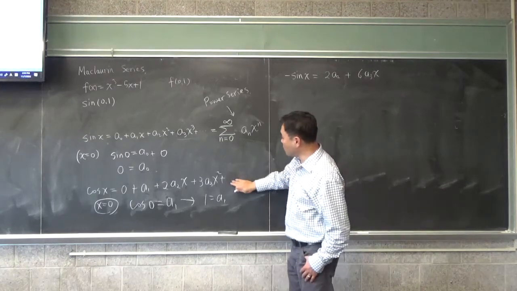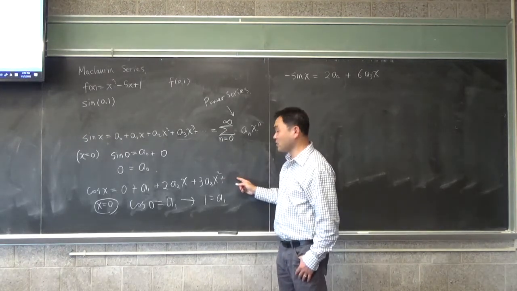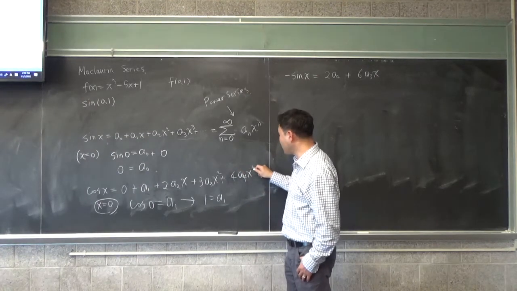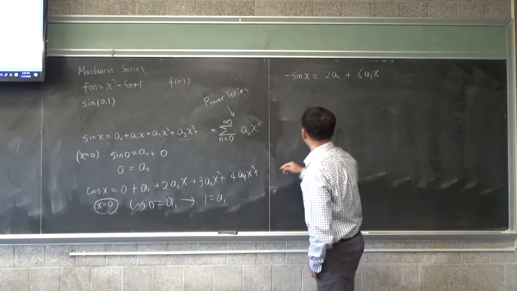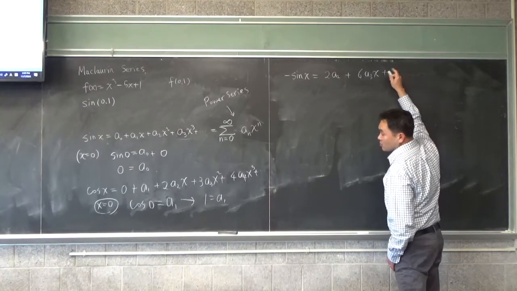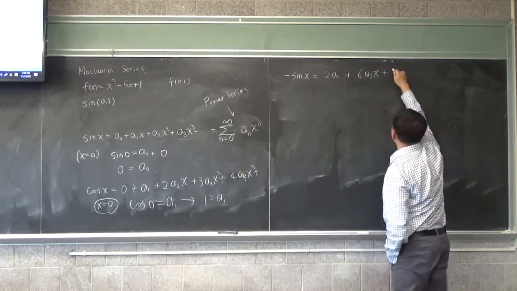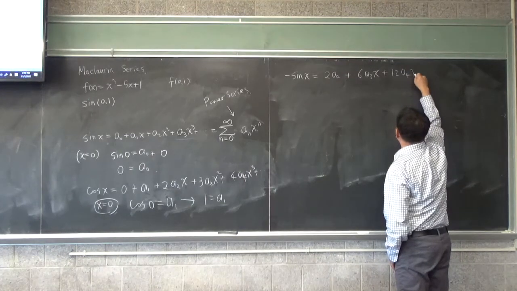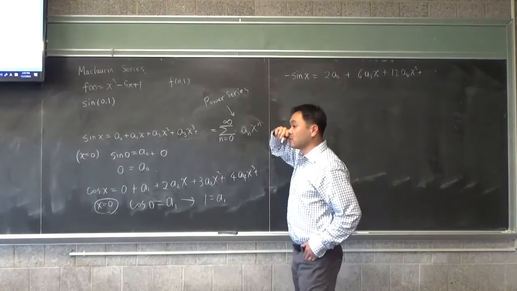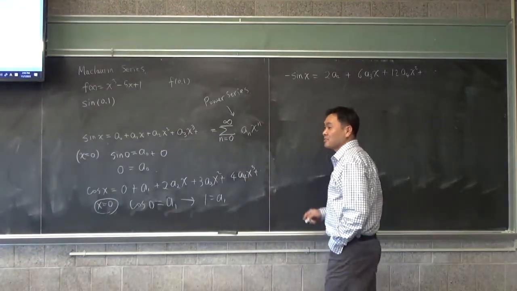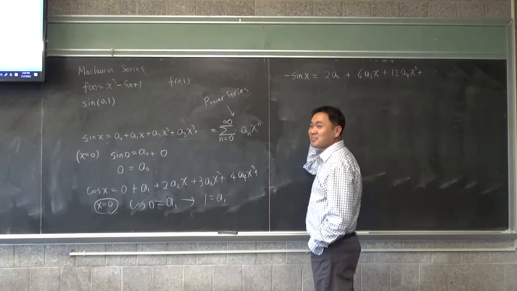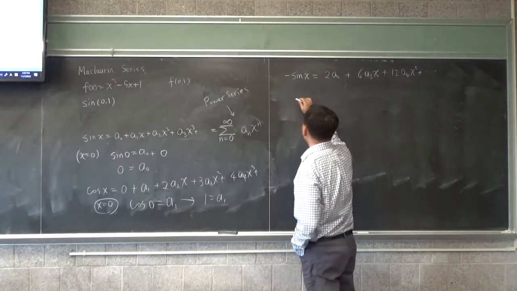If I write one more term, what would the next one be? 4A4 x cubed, right? So when you differentiate that, another 3 comes down, 3 times 4 would be 12A4 x squared. Are you expecting us to do A4? If you want to. Who did A4? Nobody? It's easy.